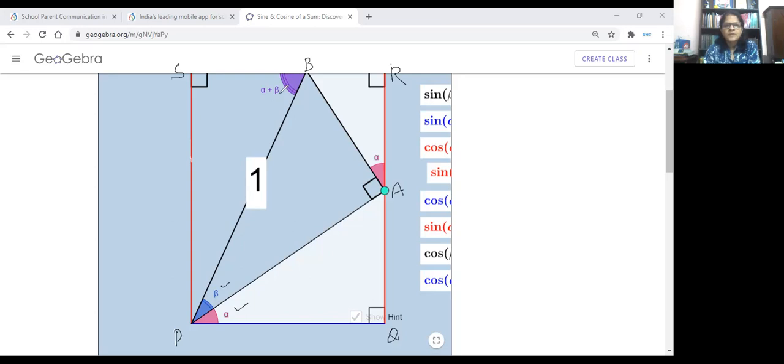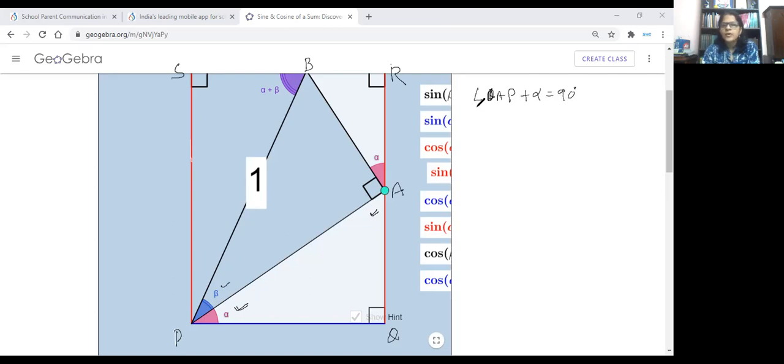Similarly, here you can see in triangle PQA, this is alpha, right? So I can write here angle QAP plus alpha equal to 90 degrees.